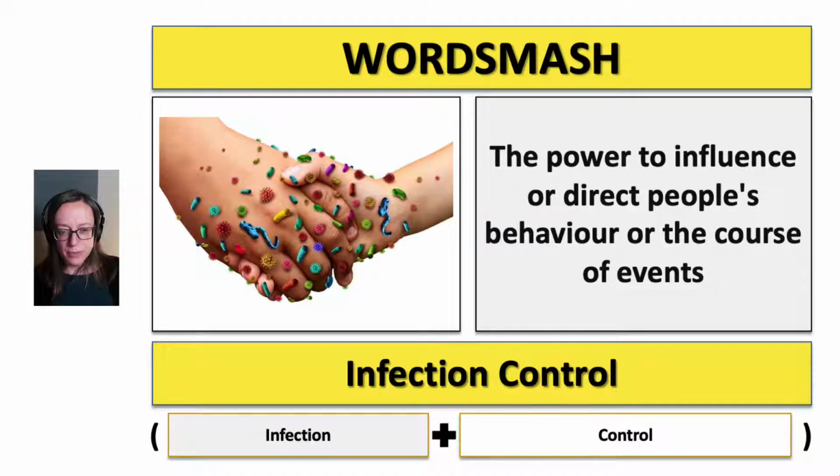Okay, so those are policies, and then that is what we're going to do. And then the procedures, you might be asked for 2 procedures. Those are how we're going to do it. Okay, so infection control policy, and then your procedures would be washing your hands before and after eating, before and after going to the toilet, before and after touching a service user.